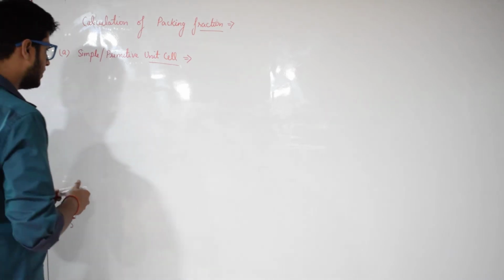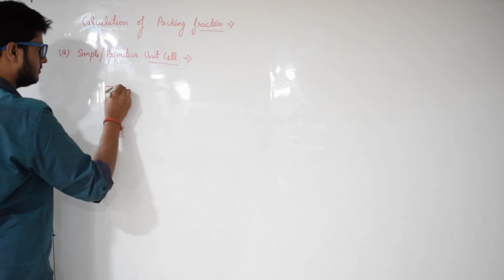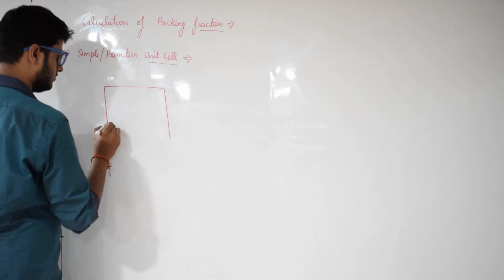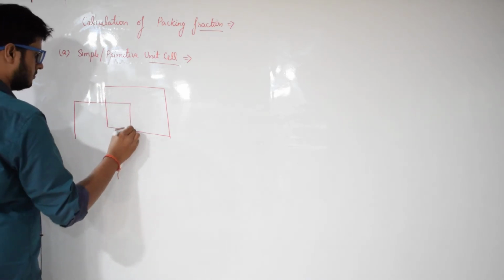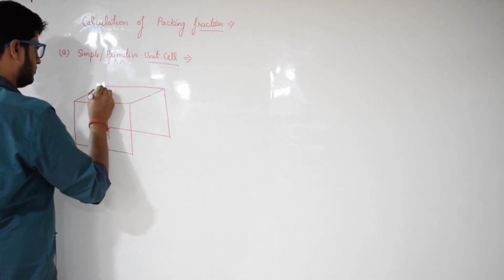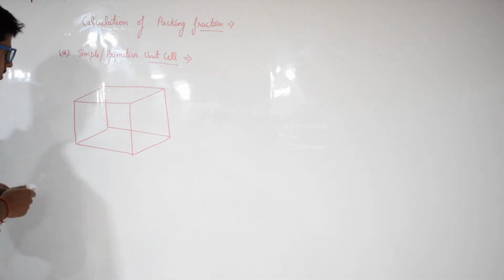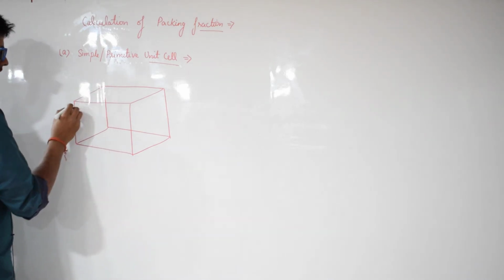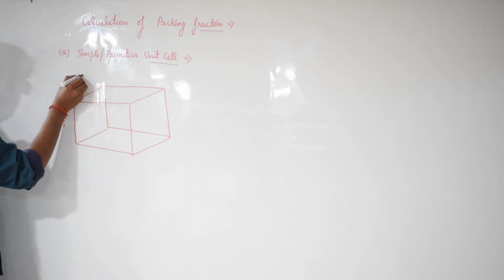So, let us have an arrangement of this one. Now, in case of simple or primitive unit cell, we have particles only on the 8 corners. So, let us have a particle over here.